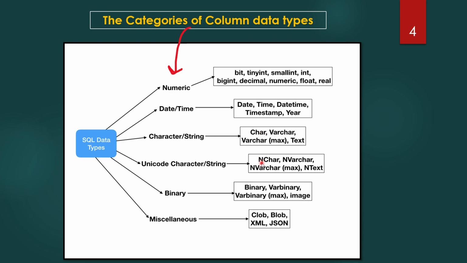But if you add N for universal code, for languages like Amharic, Arabic, Greek, anything other than English, we will be using a universal code. So we add N to varchar and char. So this would be a universal code data type.